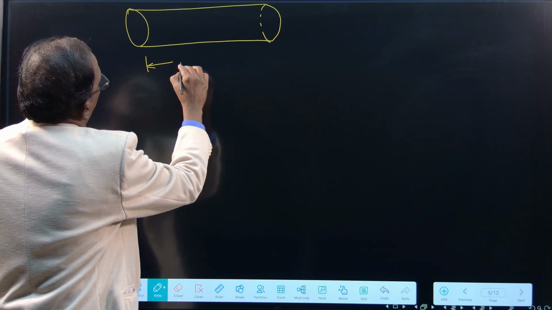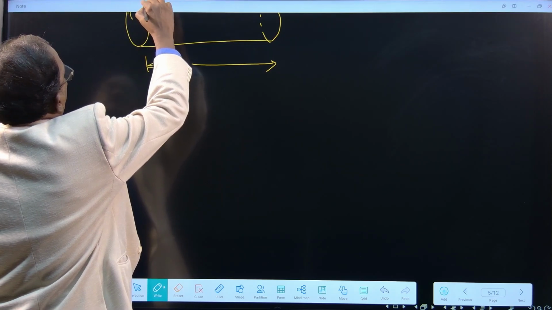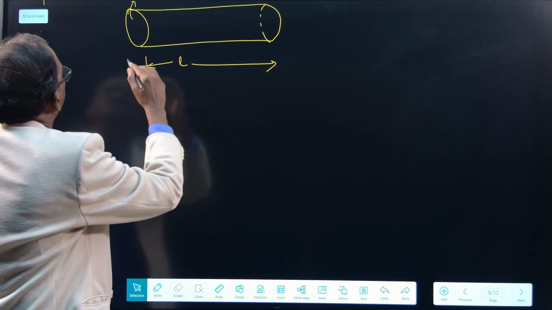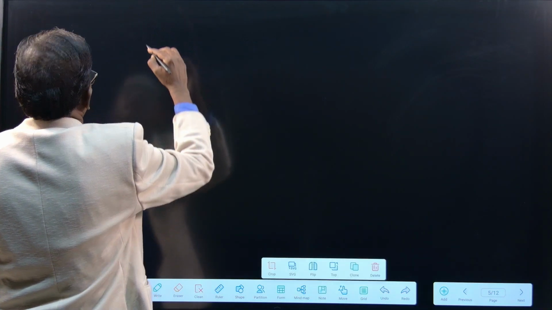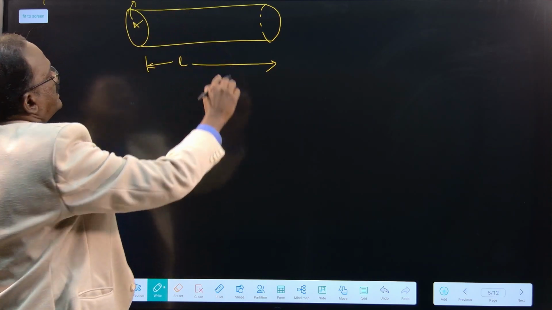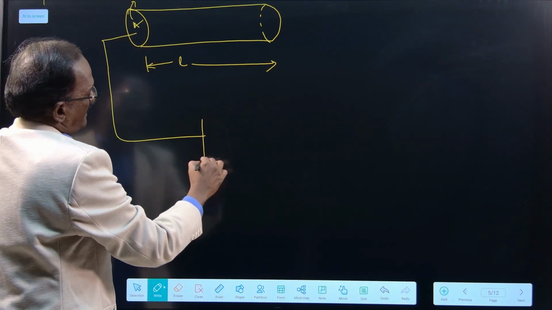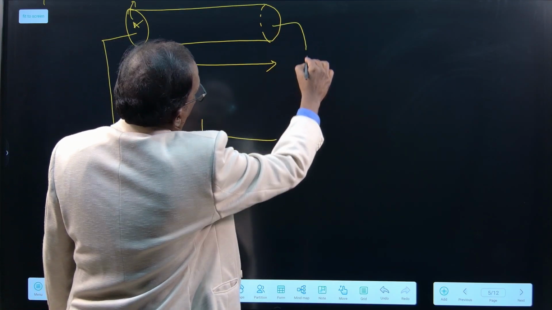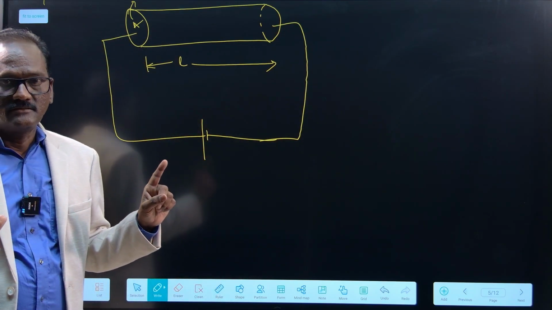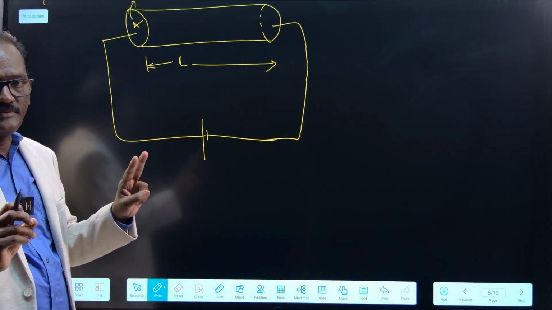L is the length of the conductor, and this is the cross sectional area. Now I am going to connect a battery here. This is a wired conductor, not an isolated conductor as we have discussed in the previous two cases.